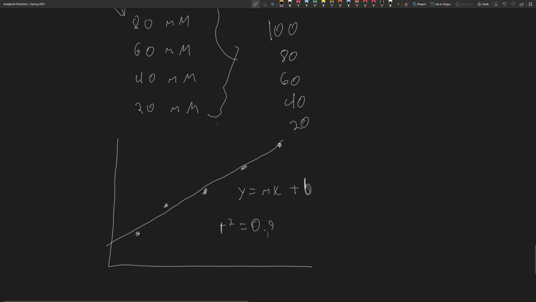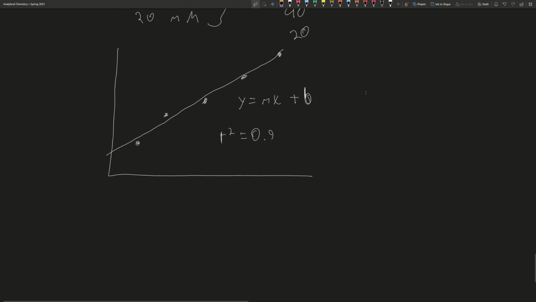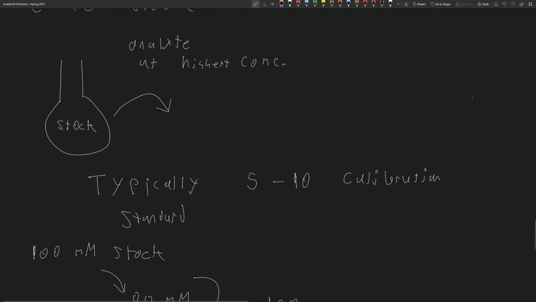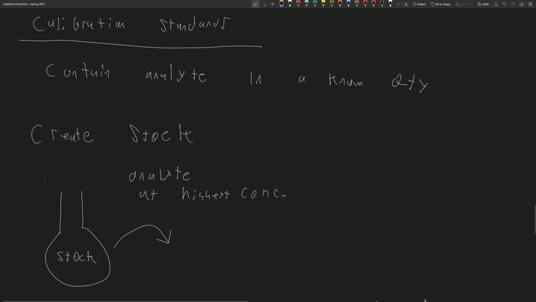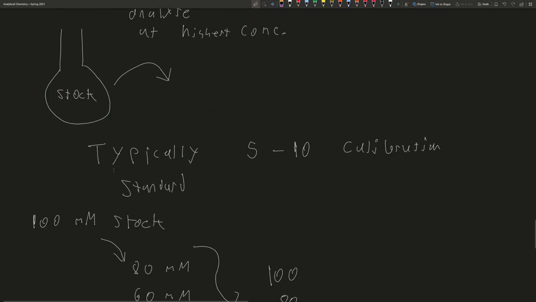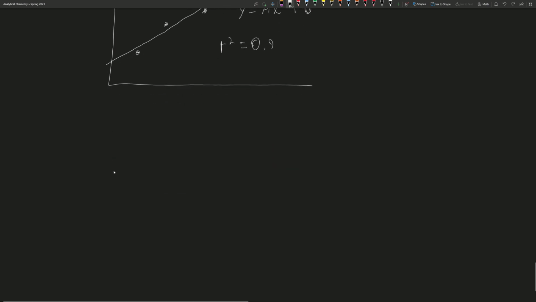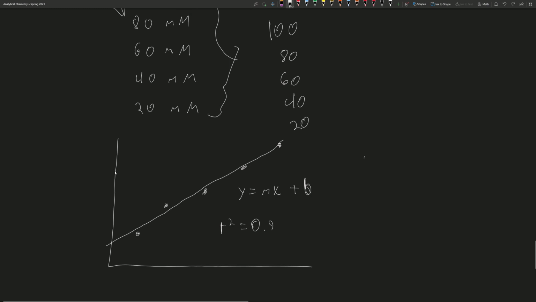Finally, the next step, we are going to take our analyte, or not our stock analyte, the one that we prepared right here, and we are going to run it in the machine. Run stock.